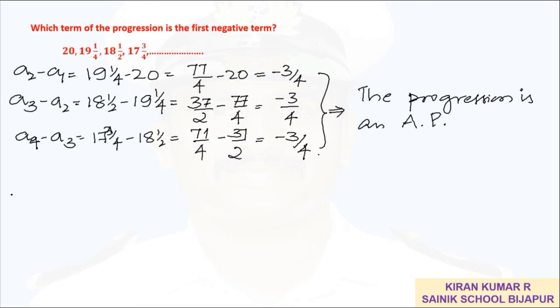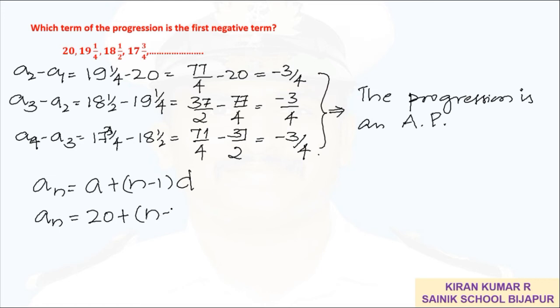Now if I want to find the nth term, An is A plus n minus 1 times D. By using the formula, An will be equal to the first term 20 plus n minus 1 times D, which is negative 3 by 4.